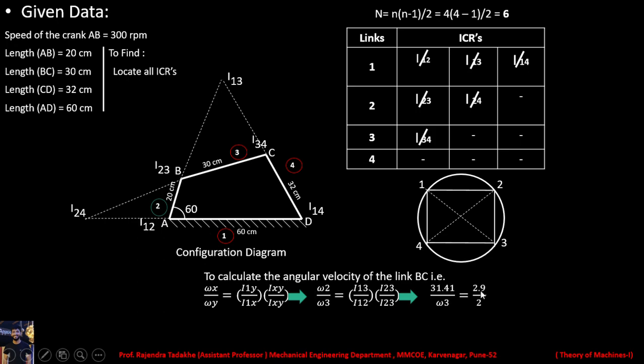So we put this as it is. Once we make this calculation, we get the angular velocity of link BC, that is omega 3, equal to 21.665 radian per second. So this is the complete solution for your problem.